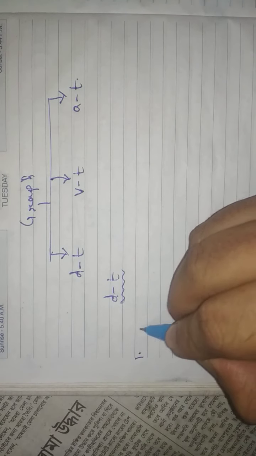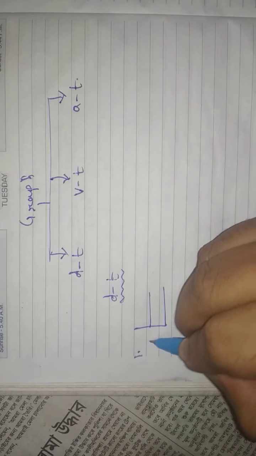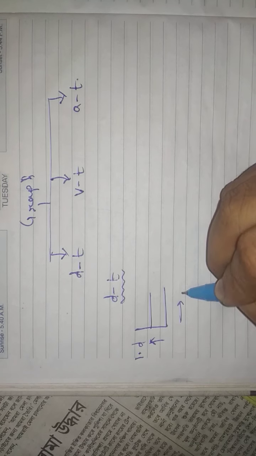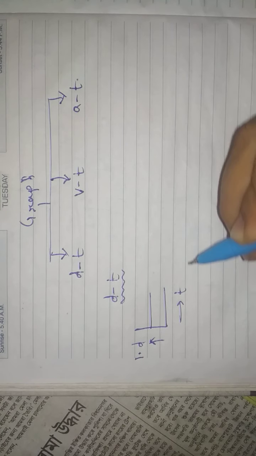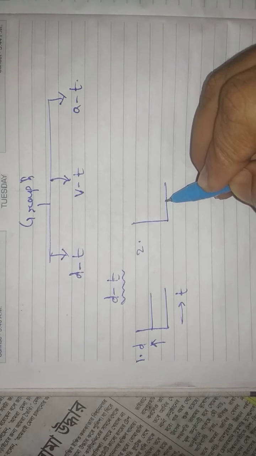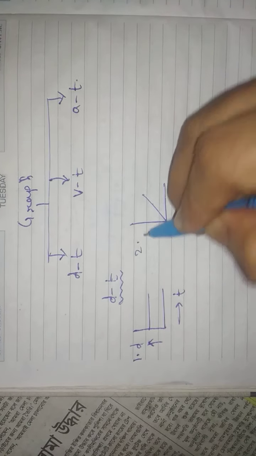Number one, the graph can be like this. In y-axis there is distance, and in x-axis there is time. Number two, the graph can be like this. Here in y-axis distance, in x-axis we have time.